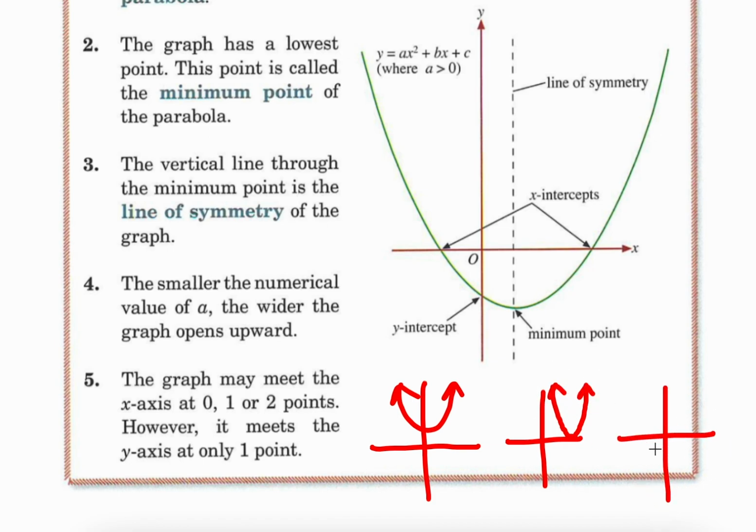And then it could also meet at 2 points, kind of like this. Yeah, because it's kind of shifted all around. But in each case, the graph only touches the y-axis at 1 point. Here eventually, when that one's extended, and here. Okay?